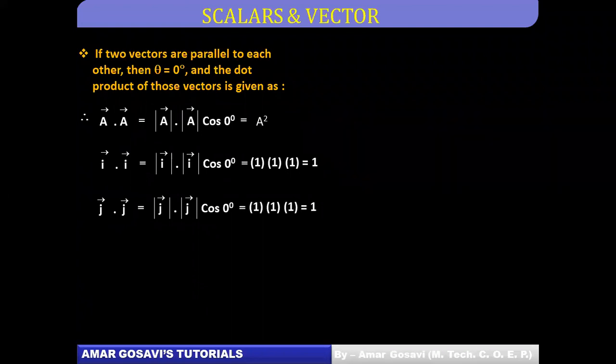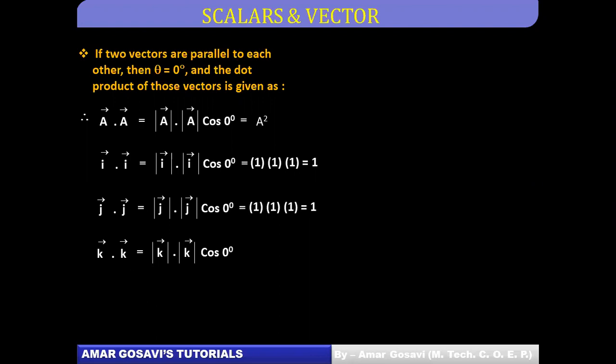Let's move ahead. Let's talk about k cap. In a similar way, k cap dot k cap can be represented as magnitude of k cap multiplied by magnitude of k cap, and obviously the angle between k cap and k cap will be 0, so I can put it as cos 0, friends.